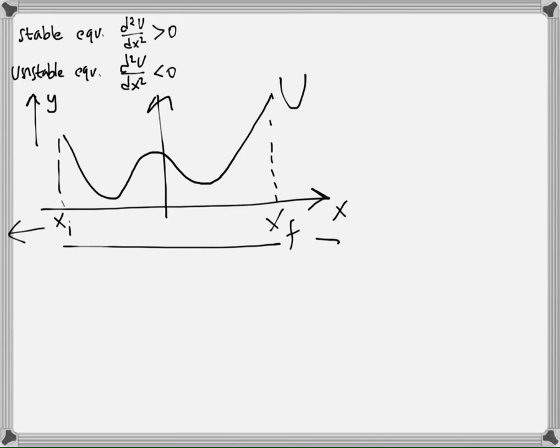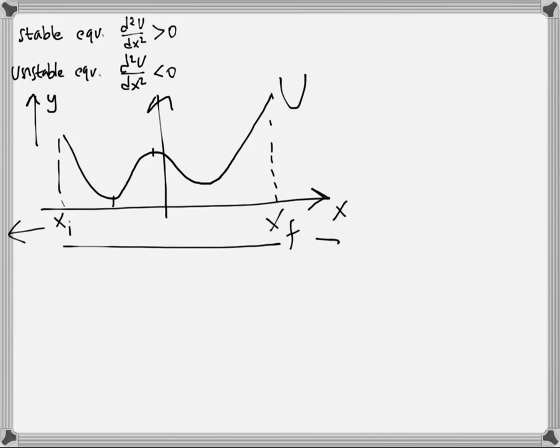So you can easily tell me that the first equilibrium point is this one, right? It is the local minimum that you know from calculus. And the next one is a local maximum, right? What are local minimum and local maximum in calculus?